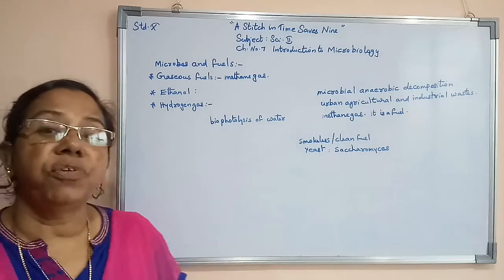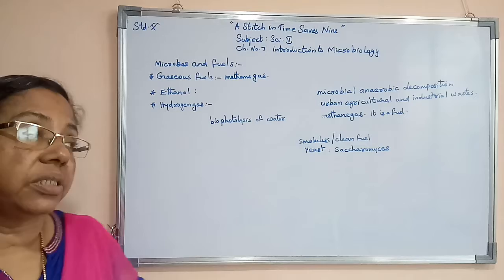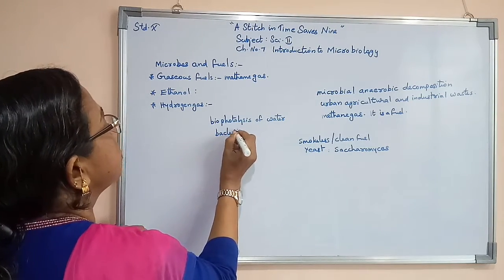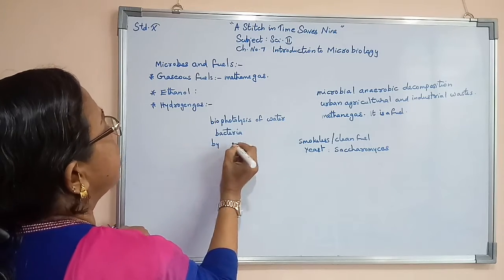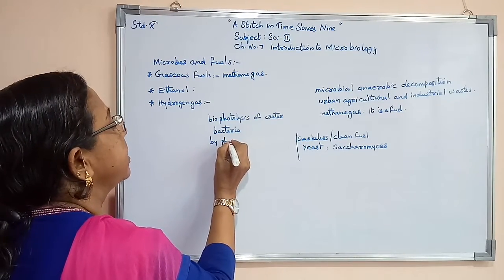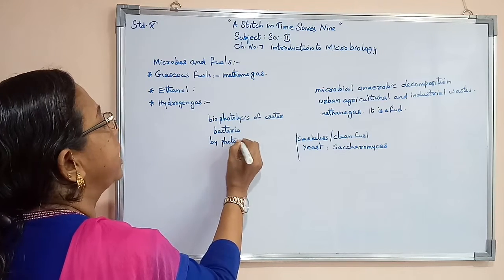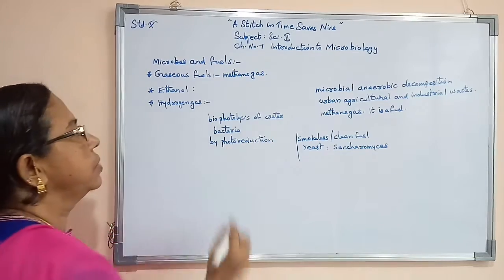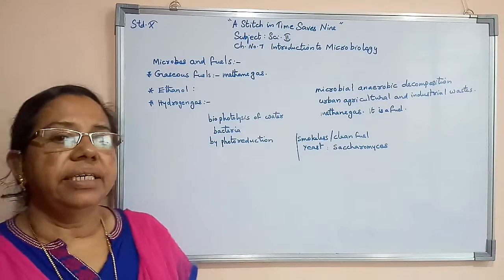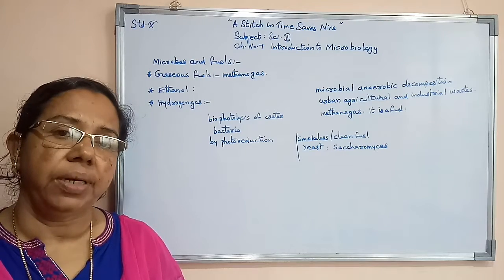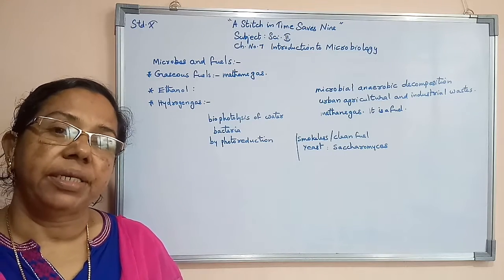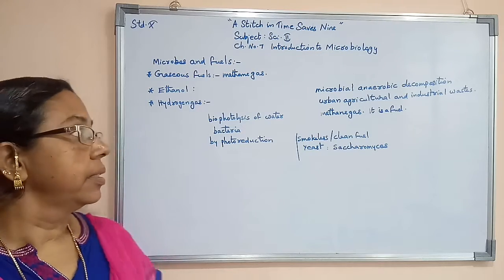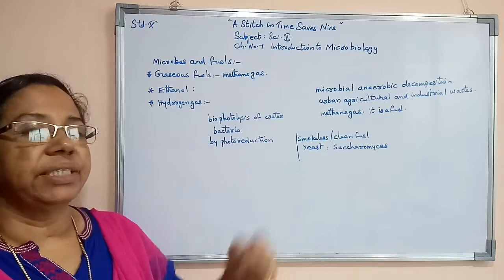This biophotolysis of water is done by bacteria, by photoreduction. So here hydrogen gas is considered as the future fuel that can be obtained with the help of bacteria by biophotolysis of water.